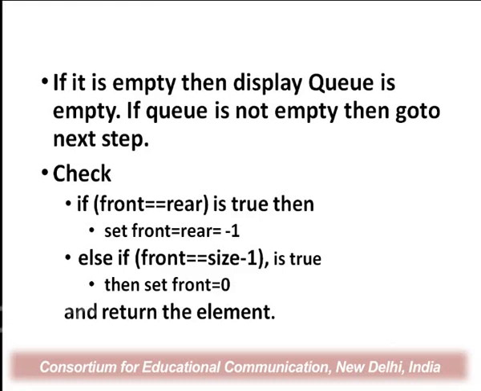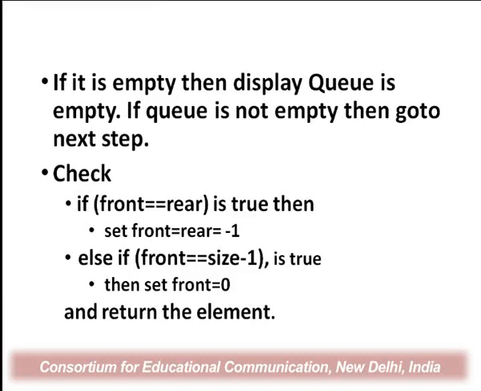Or we check if front equals rear, they both are pointing towards one particular location, that element we are going to DQ, and after DQing that element the queue will be empty, and then we will set front and rear both to minus 1 to signal queue empty for the next operation.